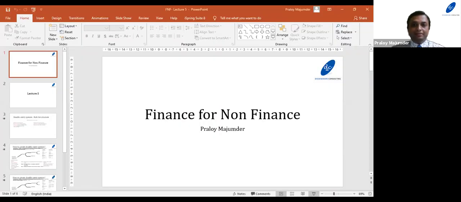Let us start. In this case, we shall discuss how any financial transaction is converted into accounting entries. As we have discussed, financial transactions are implications of inflow of fund and outflow of fund.